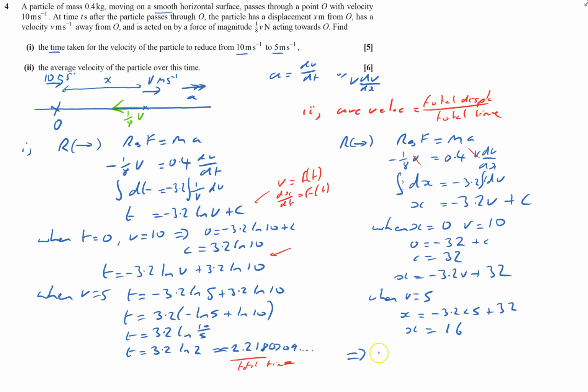And therefore average velocity equals total displacement, that is 16, over total time 2.2180, etc., and that equals 7.213475. Obviously 7.21 to 3 significant figures, and that is meters per second. And that's question 4 done.